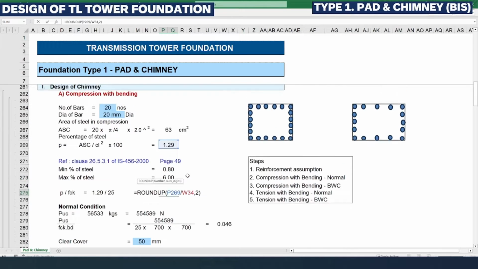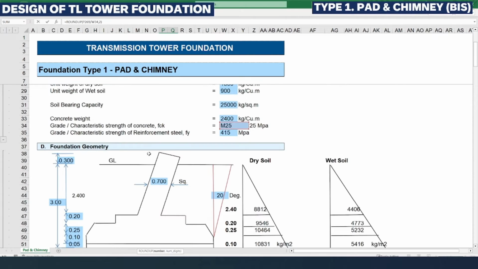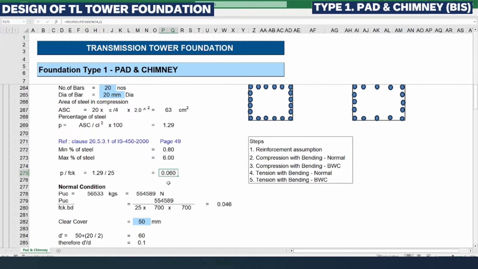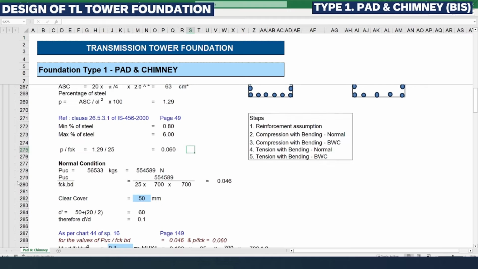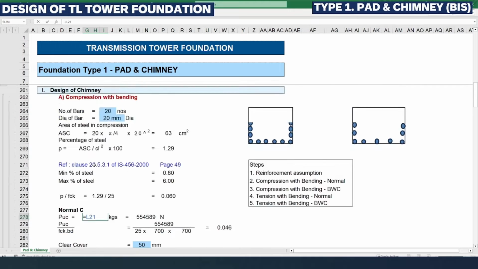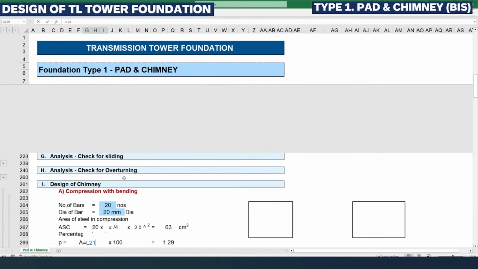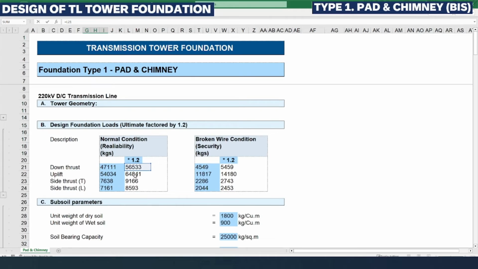So 1.29, the percentage of steel, divided by the concrete characteristic strength fck, which is 25 megapascal, we get 0.06. Next, the compression, that is the down thrust of the foundation, which we had calculated from the structure load and which is also factored by 1.2, is 56,533 in kgs.